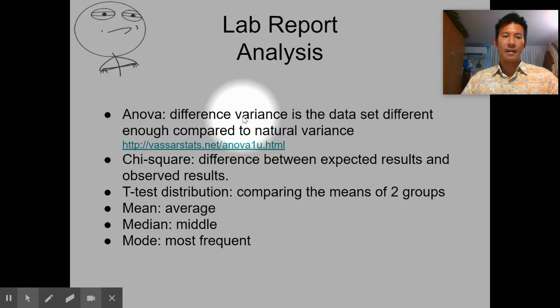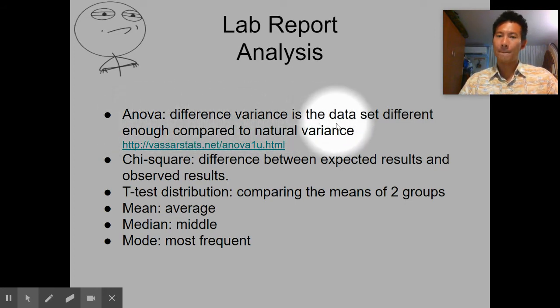If they are not different enough to be significant, then of course you would have to accept the null hypothesis. If there is enough significance in the differences between the data sets, then you would accept the alternate hypothesis.